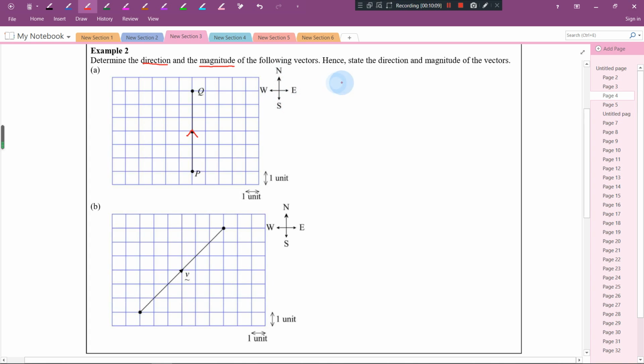So let me give you the direction first. The direction of PQ is to the north.